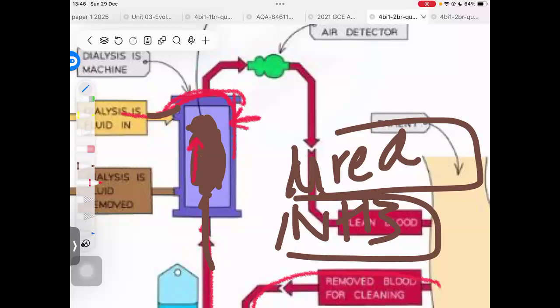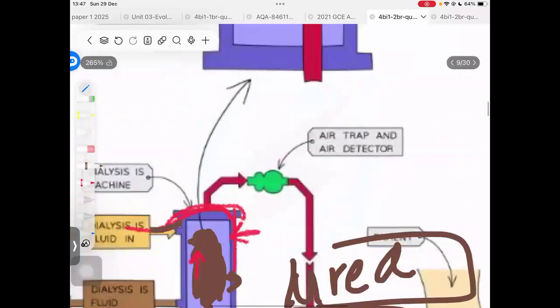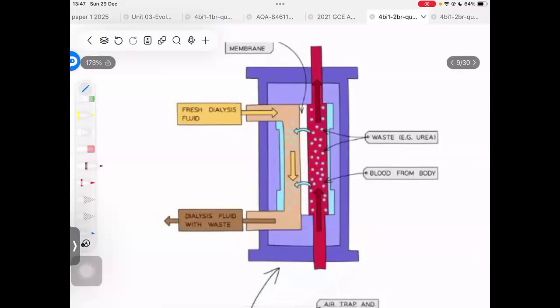From a high concentration to a low concentration, urea will diffuse from the blood into the dialysis fluid. So urea in our blood will be removed by dialysis. That is the function of dialysis.